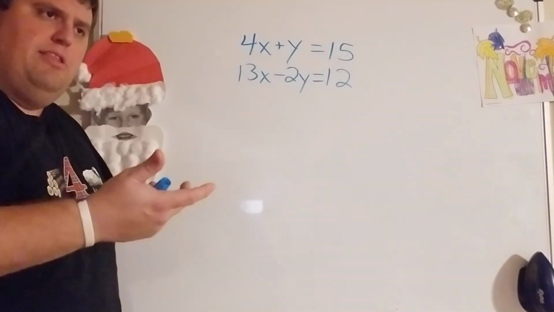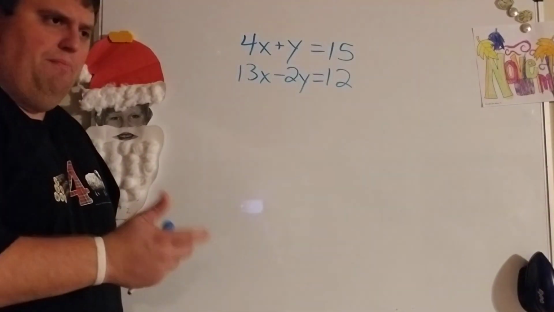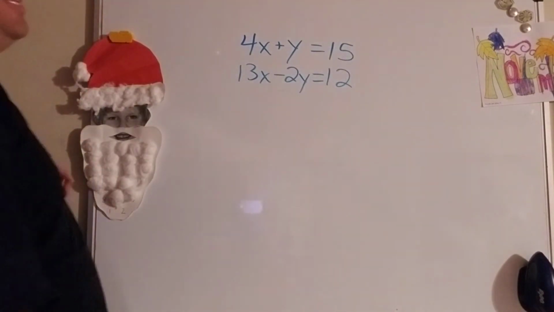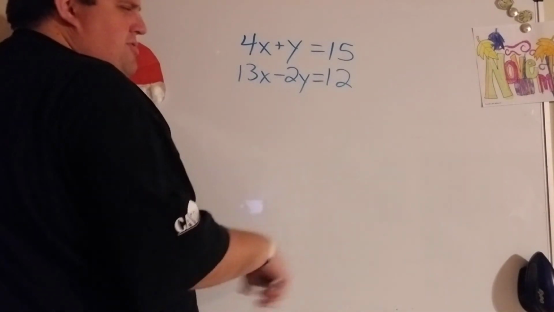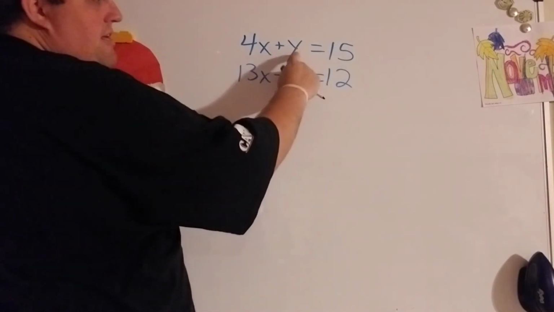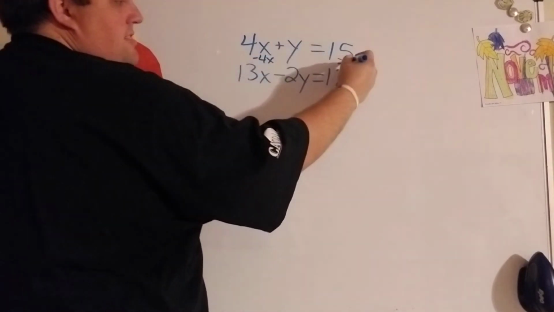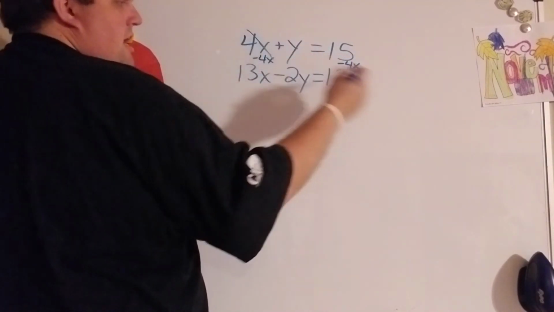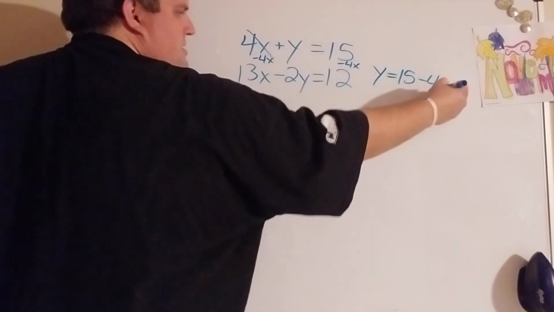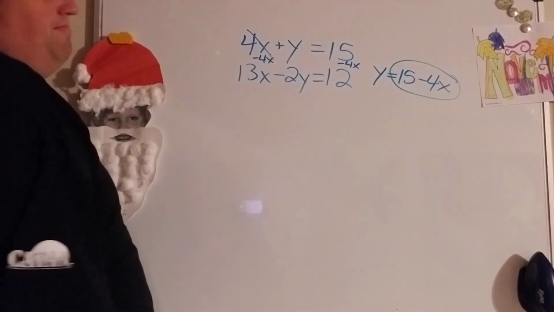But typically, if it's pretty easy to solve for one of them, I would just use substitution. Looking at the top here, it's really easy to get y by itself. I can just subtract 4x from both sides, and I get y equals 15 minus 4x. And now that's completely ready to substitute in for y.